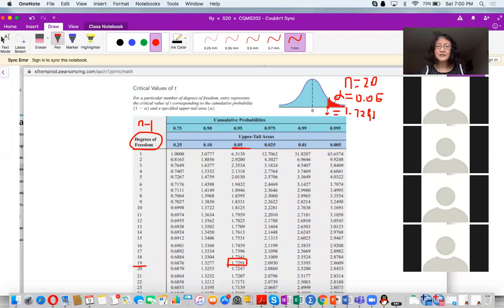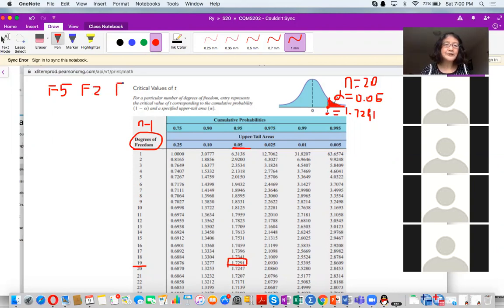Method 2, use our Casio calculator. For the calculator, you press F5 distribution, and then F2 T distribution.